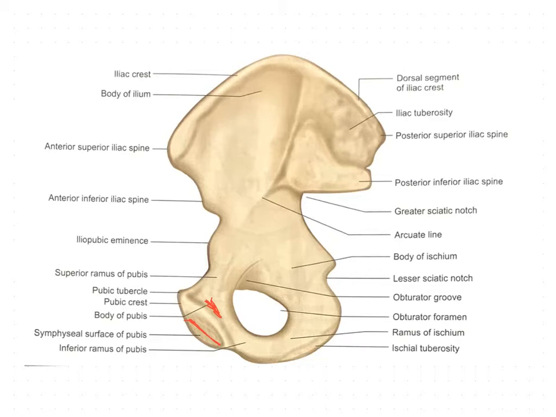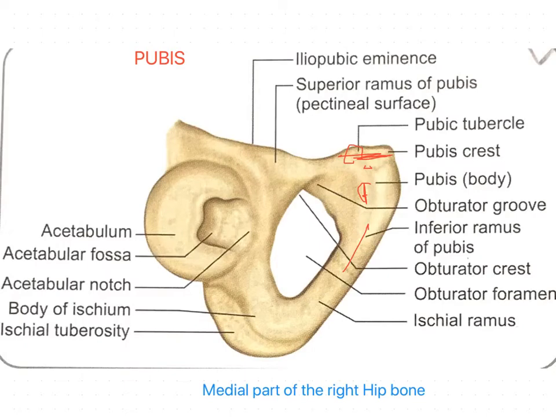Now we will see the superior ramus. The superior ramus extends from the body of the pubis to the acetabulum, above the obturator foramen.